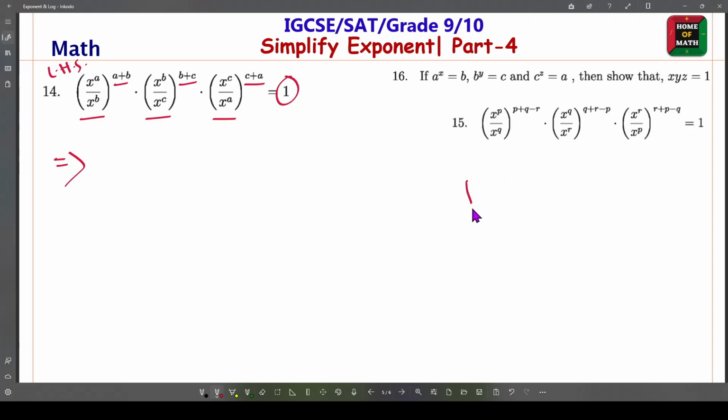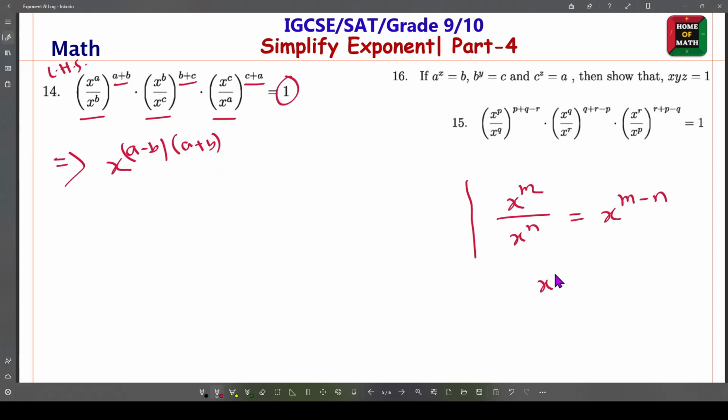So we know once the bases are the same, in division the powers will be subtracted. It means x to the power m divided by x to the power n, we can write as x to the power m minus n. Similarly, here it is x to the power a minus b, times this is a plus b. Why?